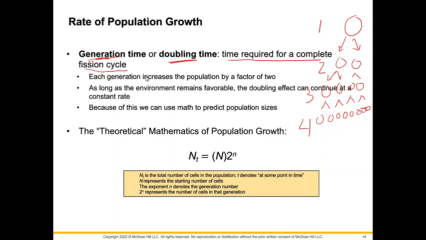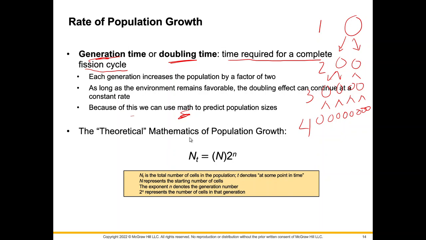And for that reason, we can use math, yay, to predict population sizes. There's an equation that goes with it called the "theoretical," and that's in quotations for a reason. I'll explain why in just a second. But it is the theoretical mathematics of population growth.